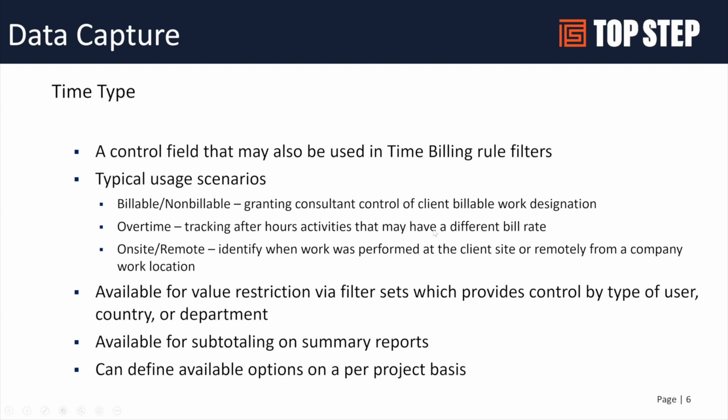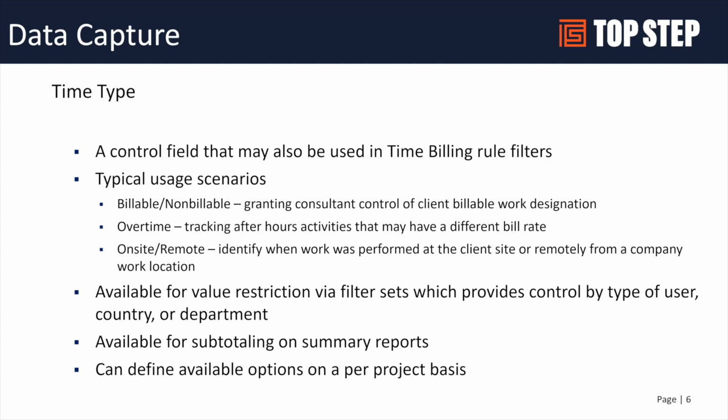Time type is another optional field. The benefit of this one is that in a time billing rule, you can filter by time type, whereas in payroll type, you cannot. So by using time type, you could potentially use that for determining if it's billable or non-billable. Now, generally, we don't recommend users putting billable or non-billable; we generally try to steer the task to determine if it's billable or non-billable.